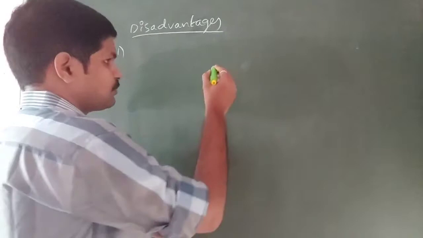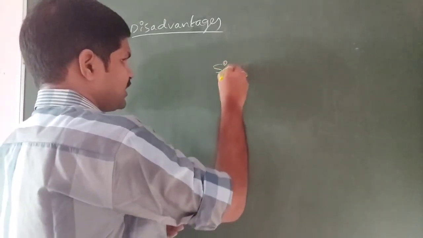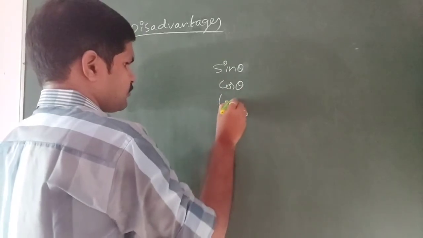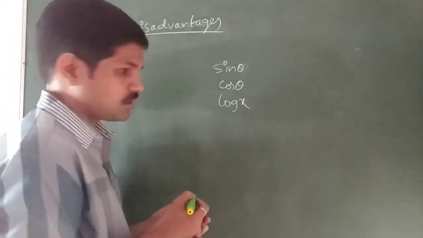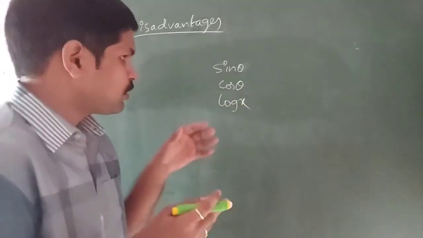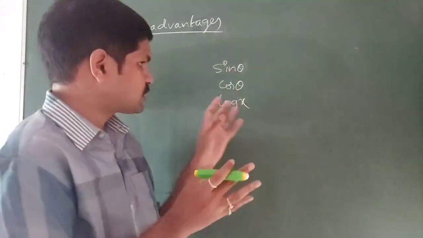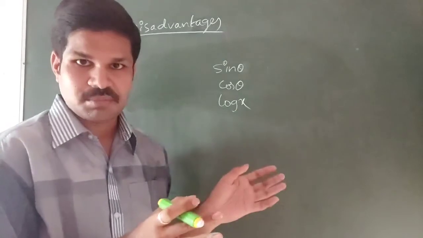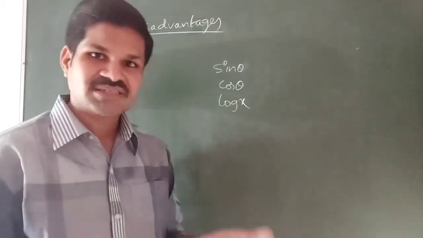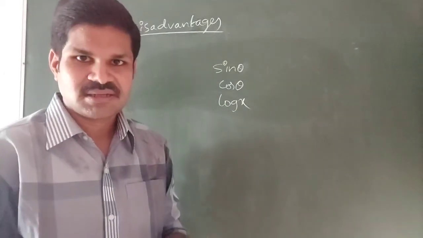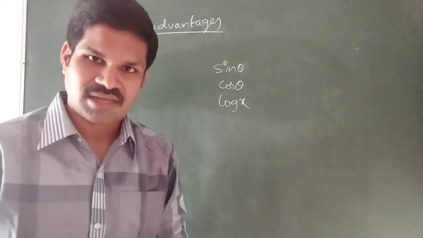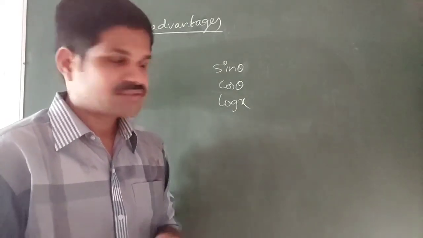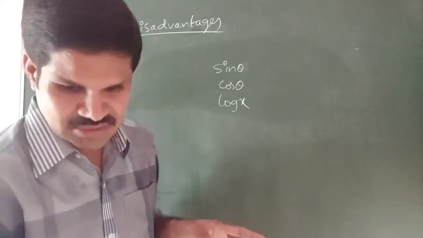And for example, the values of sine theta, cos theta, or log x, logarithm equations: all these terms or variables are treated as dimensionless according to dimensional analysis, which is not a valid point. So these are some of the important disadvantages.